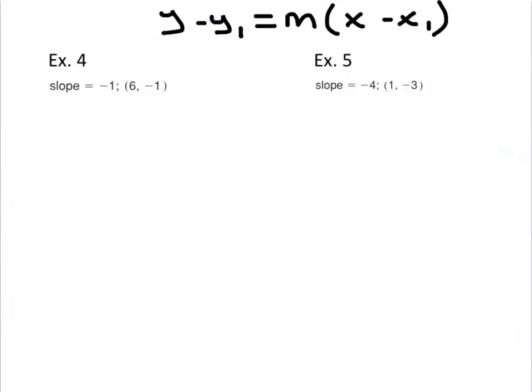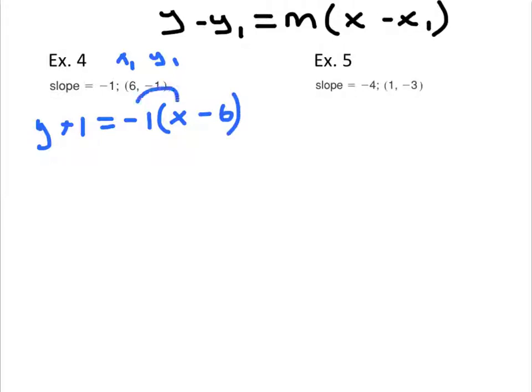Example 4, we have an x1 of 6, we have a y1 of -1. So when we get to work, y minus y1, so if I have a minus a -1, I'm really adding 1, so y plus 1 equals my slope, -1 times x minus 6.